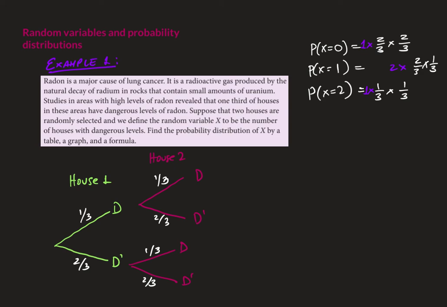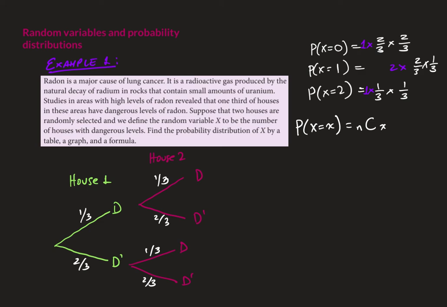So I think I can generalize this probability by writing it like this. P of X equals x is going to be, first I need the binomial coefficient, n choose x. And then I need the product of the probabilities.